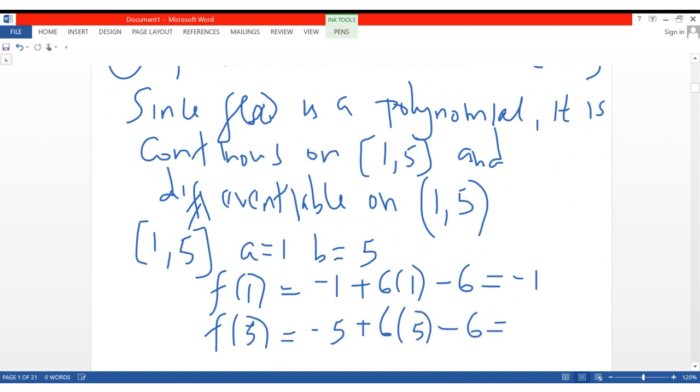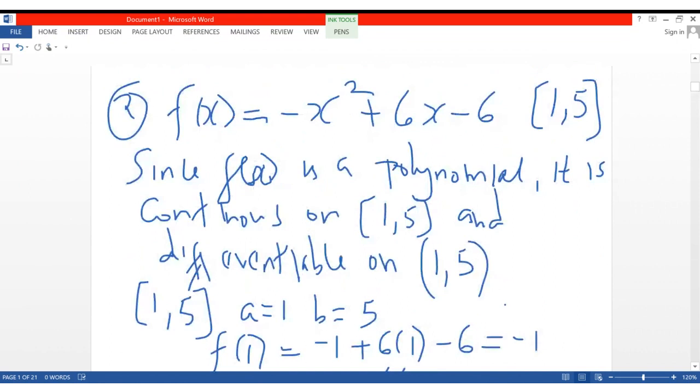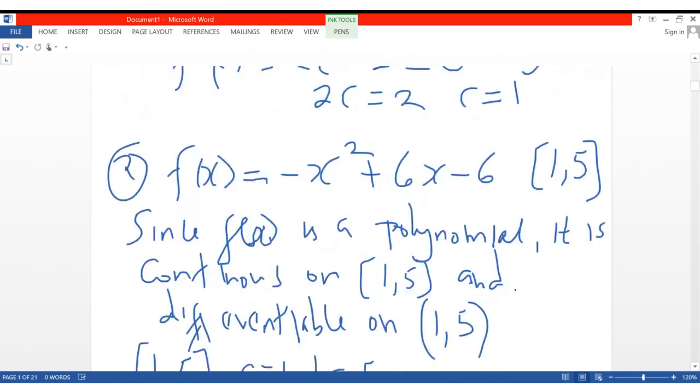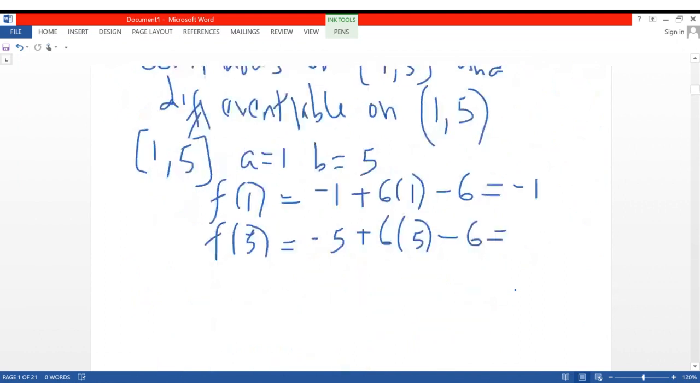Let me confirm. Sorry, I'm forgetting, it is squared. So it was 1 squared like that. The negative will still remain outside, so you have to be careful with the negative. For f of 5, I'm getting negative 25 plus 30 minus 6.